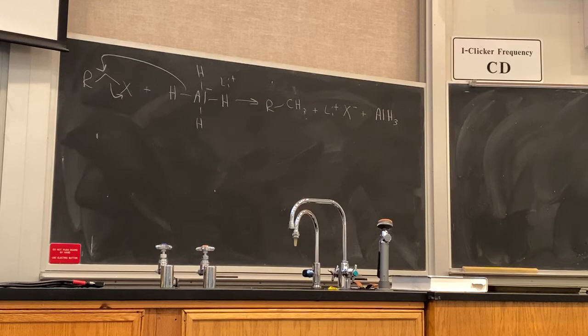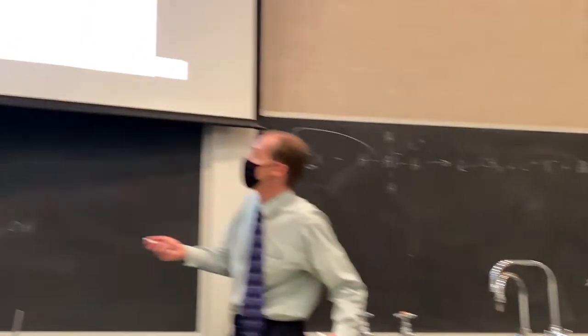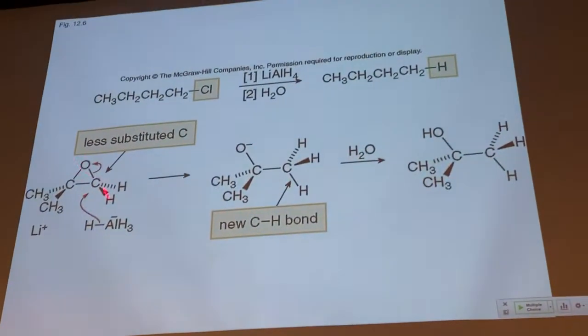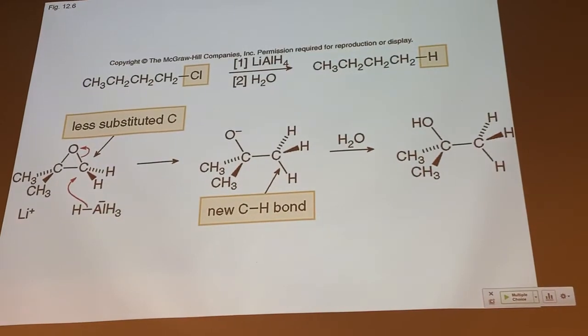The less substituted carbon. The less substituted carbon is attacked by strong nucleophiles. So we see here an example of that. This is the carbon that gets attacked by the hydride, and then we protonate the oxygen in the second part, generating the more substituted alcohol.